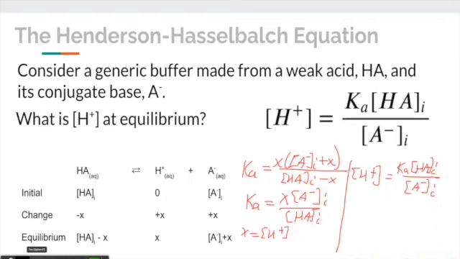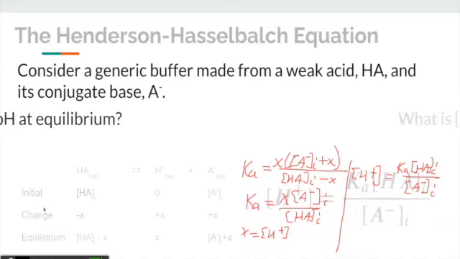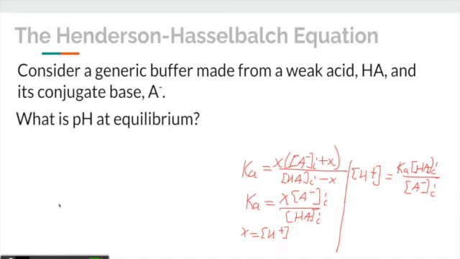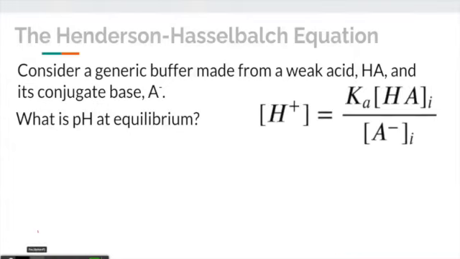Now, there's another form of this that's often much more useful, and that is if we ask not what is H+ concentration at equilibrium, but what is the pH at equilibrium? So let's take a look at that. Remember, this is our H+ concentration expression. So we know that pH is the negative base 10 logarithm of H+ concentration.